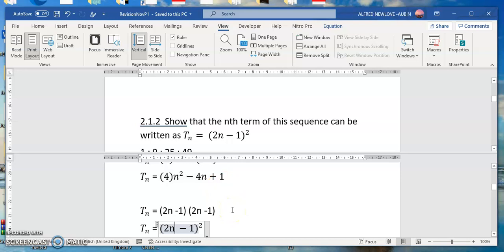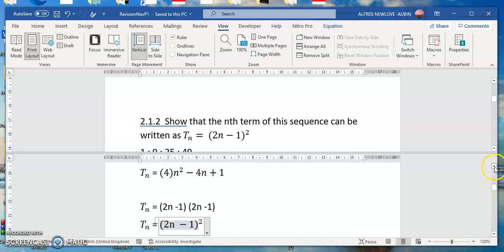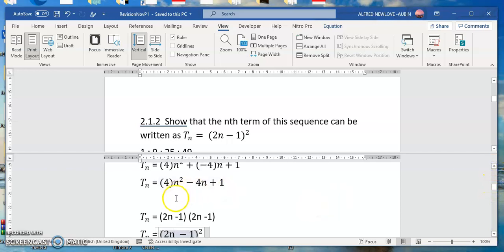Another way of doing this, which I'm going to show you, is the use of quadratic formula. If you think using the factor method is going to give you problem factorizing this, you use the quadratic formula. How are you going to use the quadratic formula?